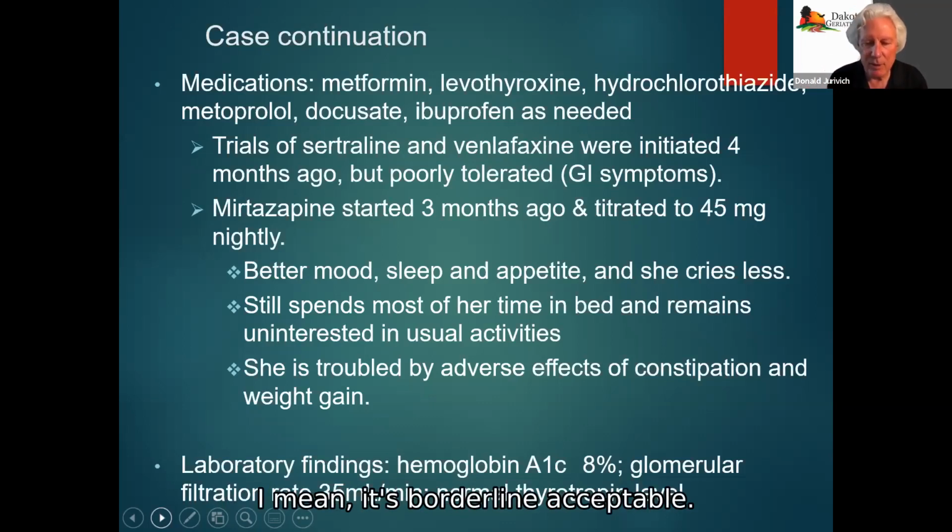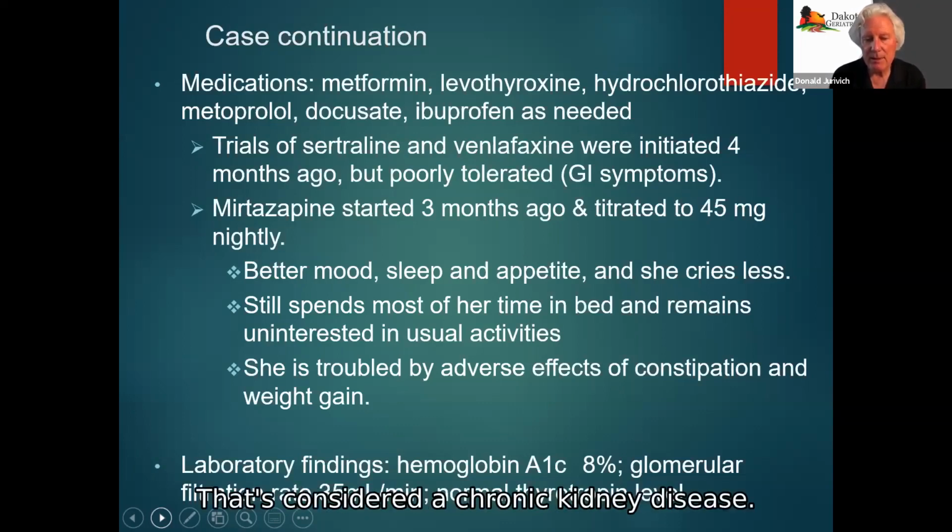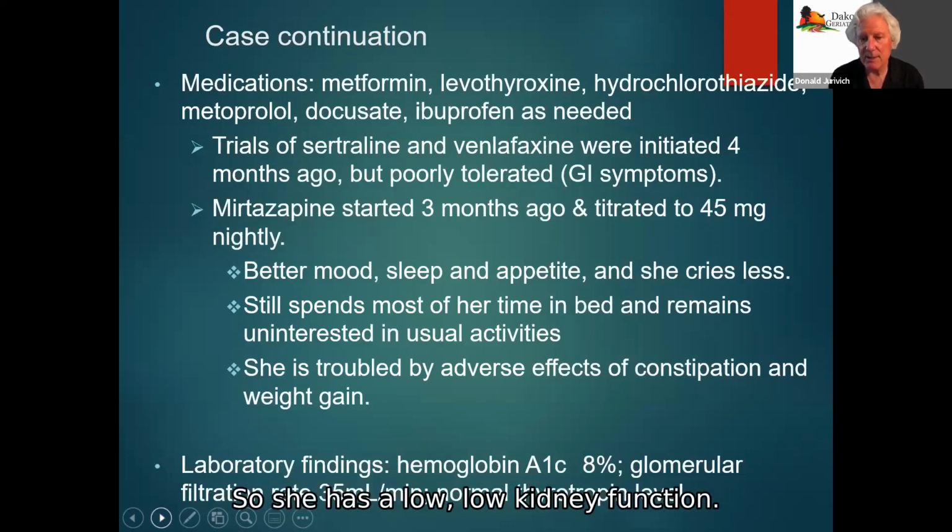That's borderline acceptable. You'd prefer something closer to 7%, but 8% is good in an older person. And then glomerular filtration rate is 35 milliliters per minute. So that's considered chronic kidney disease. So she has a low kidney function. Her thyroid function was normal.